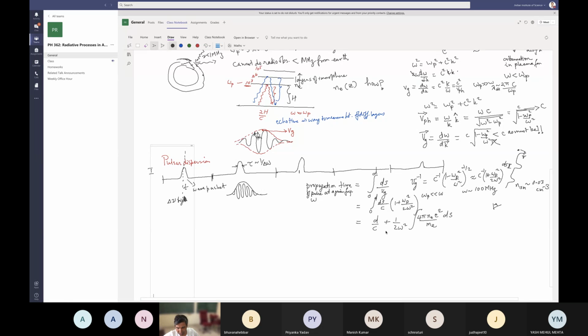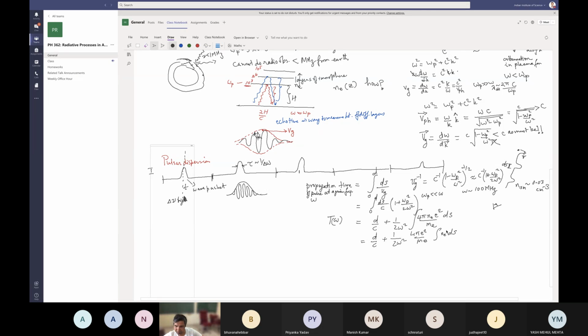So this is the propagation time for a frequency omega, given by d by c plus 1 by twice omega squared times 4 pi e squared by m_e, integral n_e ds.